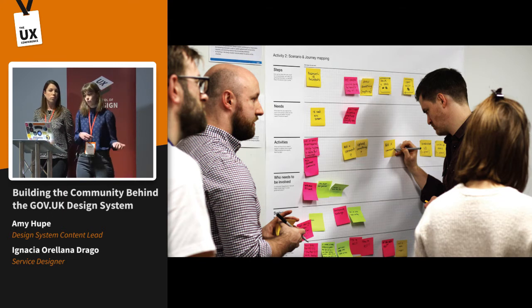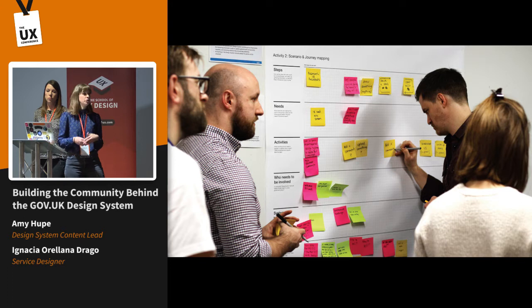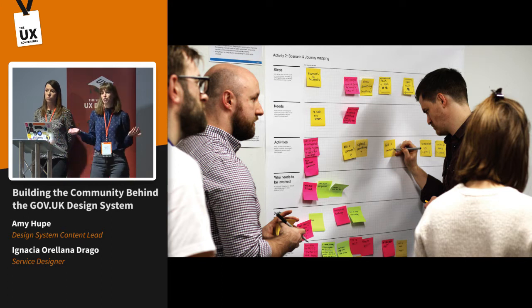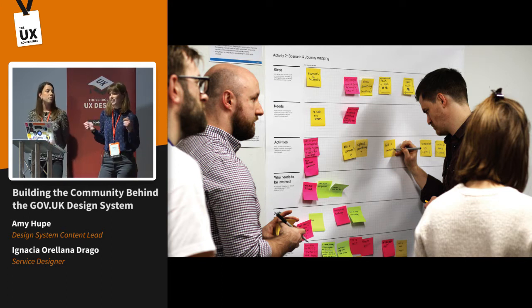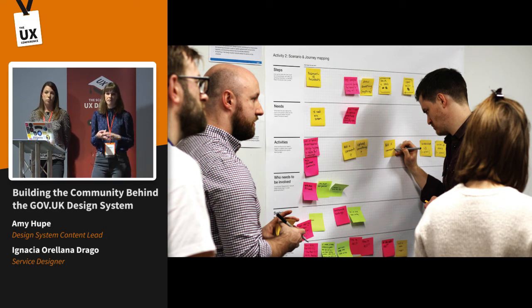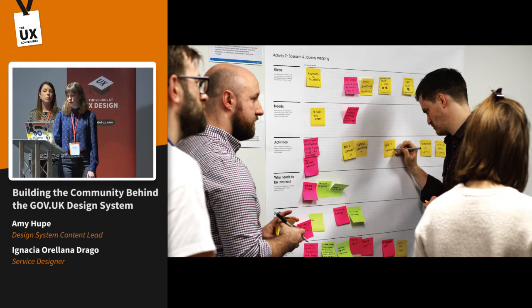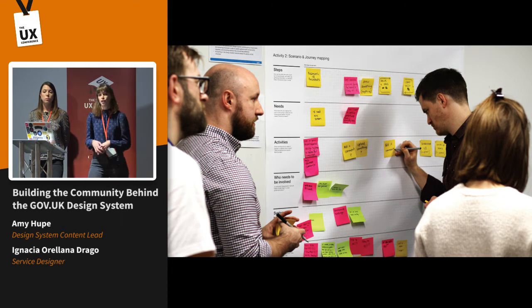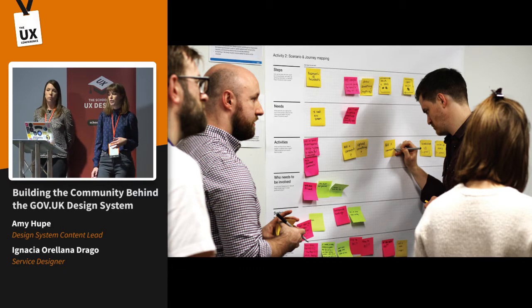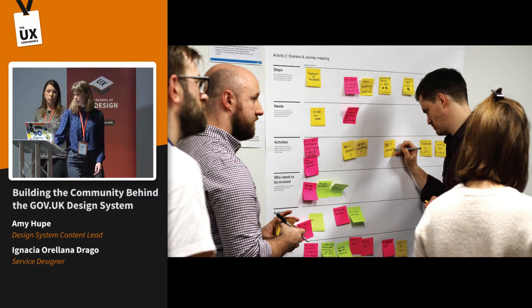So from the back of this workshop, we created our community backlog of all these things that we need to build in government. And this was co-created with designers, content designers, and developers from 10 different departments that participated in these workshops. So this became a starting point for discussions and a place to share work in progress, user research, and give feedback on components and patterns. And this is something that's still being used today.